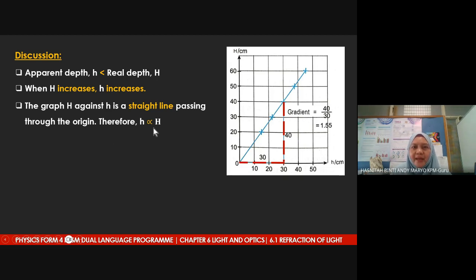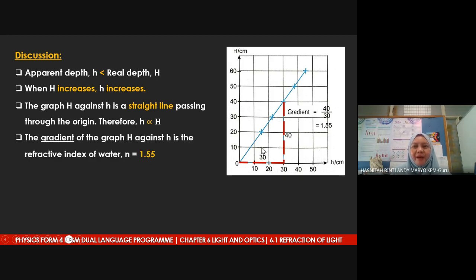So we understand H is directly proportional to h. Either capital or small h is directly proportional to the other, right? Then when we find the gradient, the gradient of the graph indicates the refractive index of the water. So here it is 1.55 from the gradient.